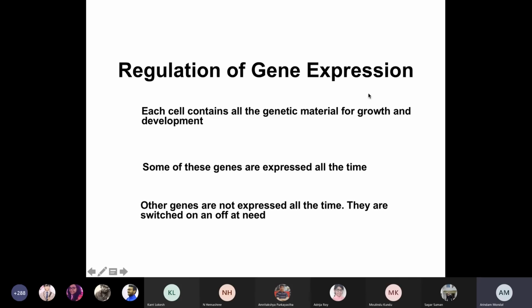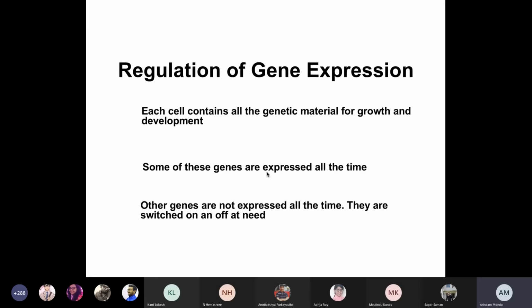Some genes get expressed in all of these cells all the time. Those are basically housekeeping genes, which are essential to keep the house running, just for maintenance. But then there are other genes which get expressed at certain times in certain cells and not in other cells.